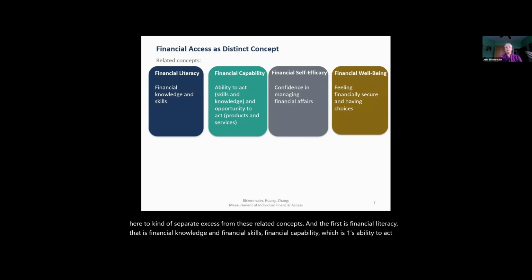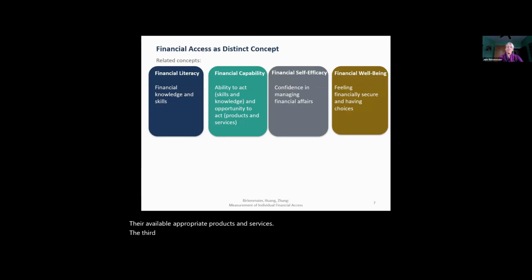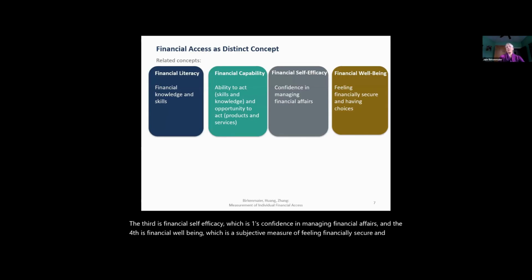So what skills and knowledge people have and their available appropriate products and services. The third is financial self-efficacy, which is one's confidence in managing financial affairs. And the fourth is financial well-being, which is a subjective measure of feeling financially secure and having choices. And financial access, again, is a distinct concept from that.